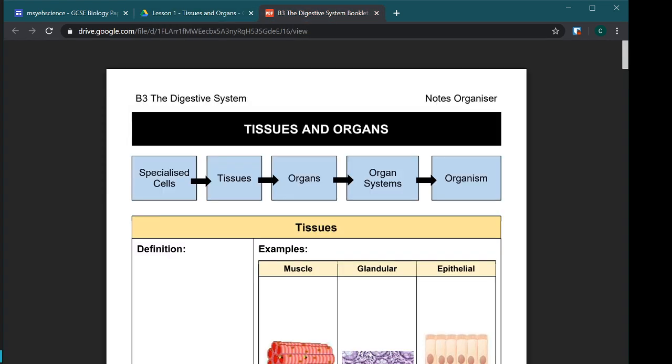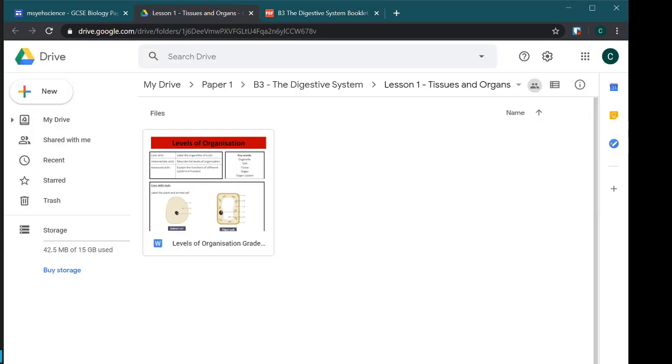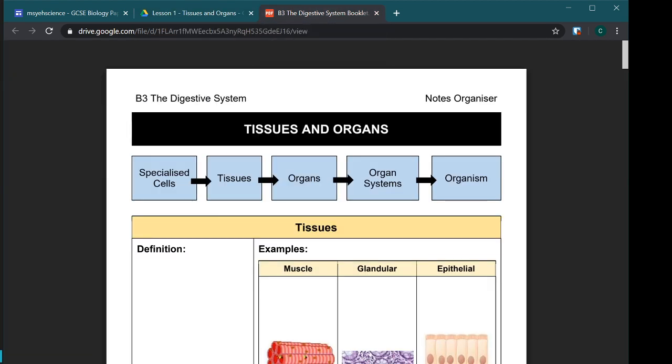So the 2 things that I'm going to work on is what you should have in your notes and the task for later on.